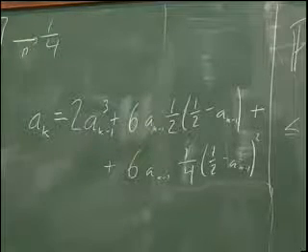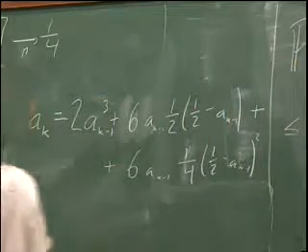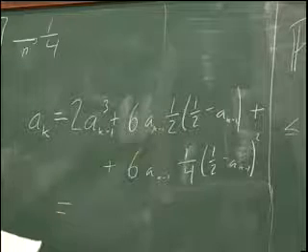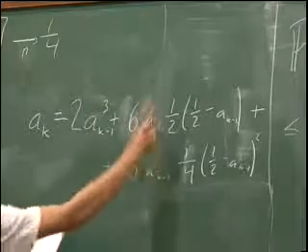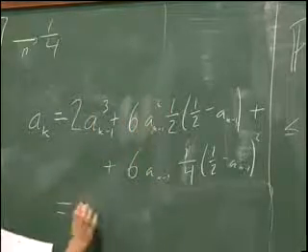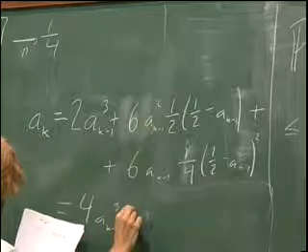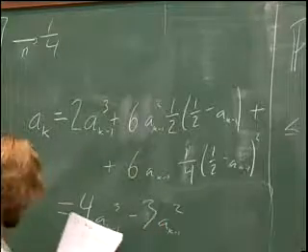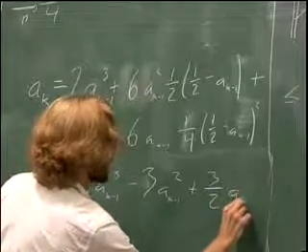OK, so I went fast there, but you saw the essential pattern. And if we write this out, this should hopefully end up being 4 A_{k-1} cubed minus 3 A_{k-1} squared plus 3 halves A_{k-1}.